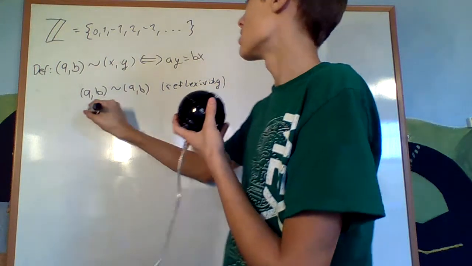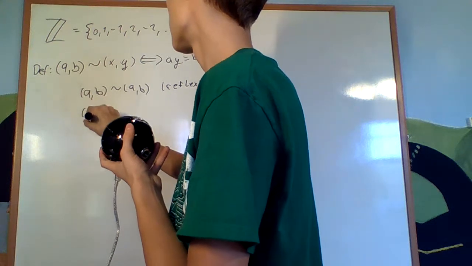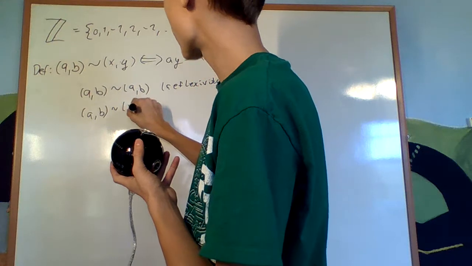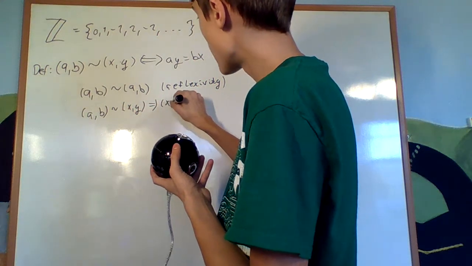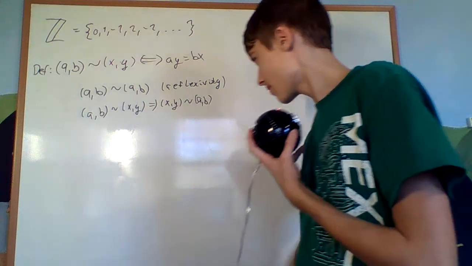Now (A, B) congruent to (X, Y) implies that (X, Y) is congruent to (A, B).